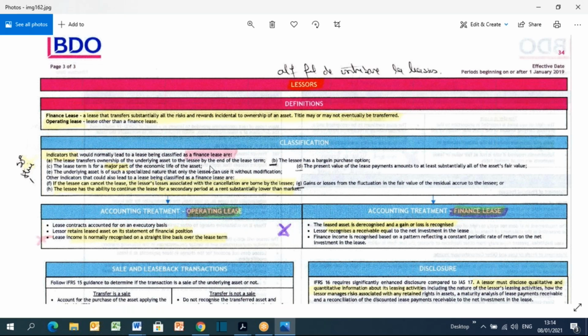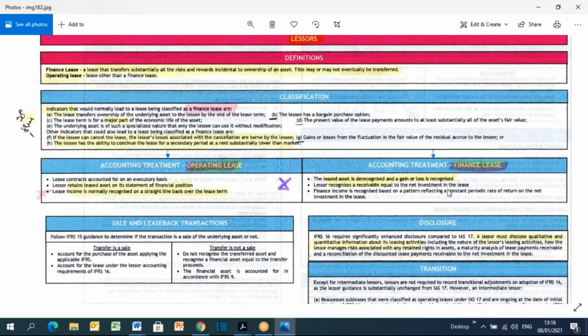So if you see that the asset has a useful life of, let's say, 10 years and the lease is for 9 years, then you should straight away say that this is a finance lease, because it's more likely that at the end of the lease it will be purchased by the lessee.